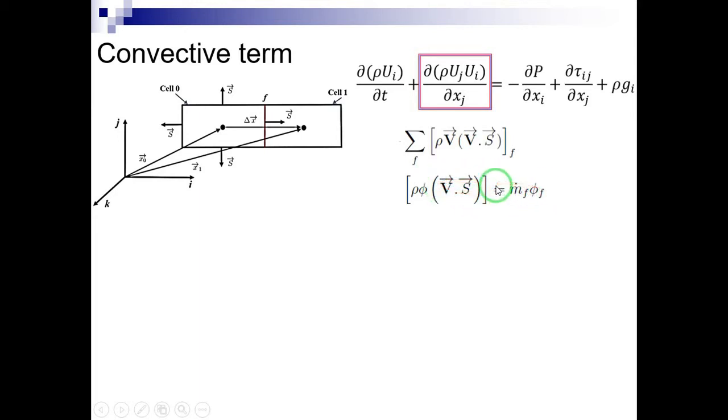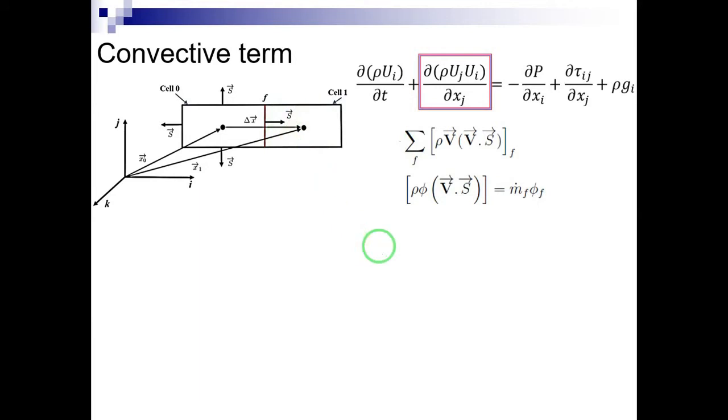Here phi_f and m dot_f, the subscript f, are the value of the scalar quantity phi and the mass flow rate at the surface f respectively. Okay, the mass flow rate, in fact, is calculated by multiplying the fluid mass density by the flow velocity and then by the cross-sectional area. The cross-sectional area is S, as is shown here, right?